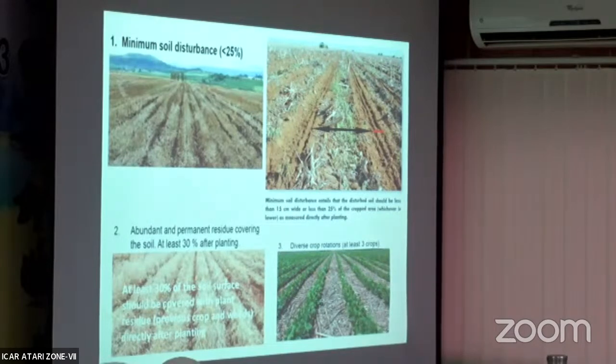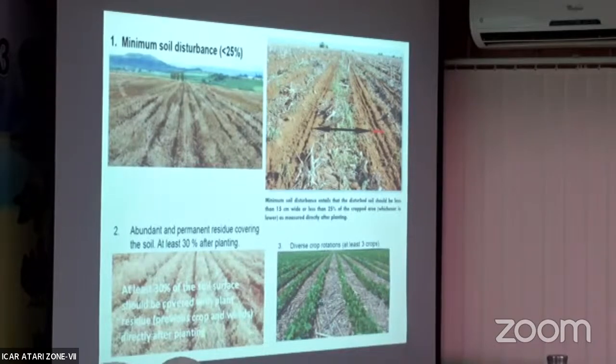Between two rows, the disturbance where you put the seeds should not be more than 15 centimeters wide. Then you should maintain soil coverage, so at least 30% of the soil should be covered with residues. These are some of the principles of conservation agriculture.